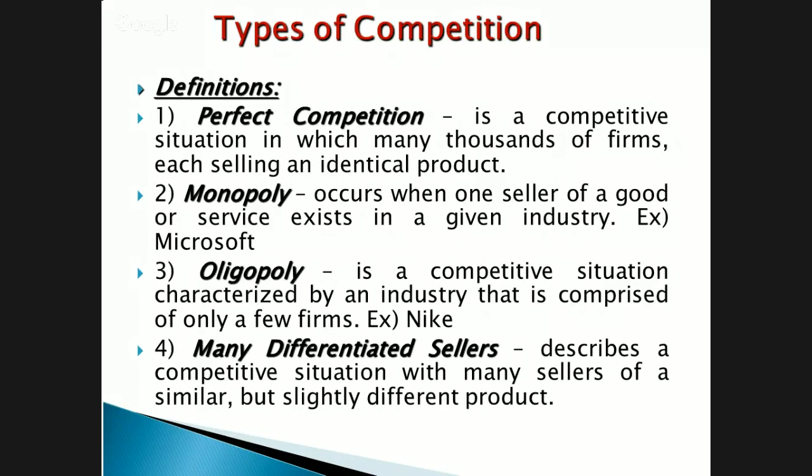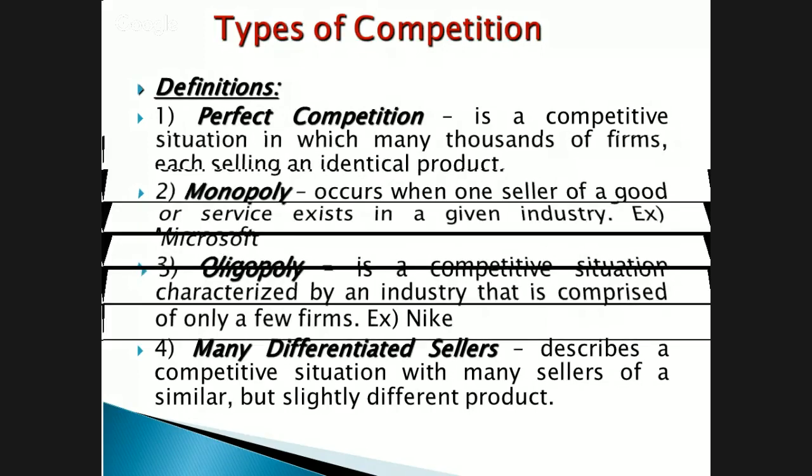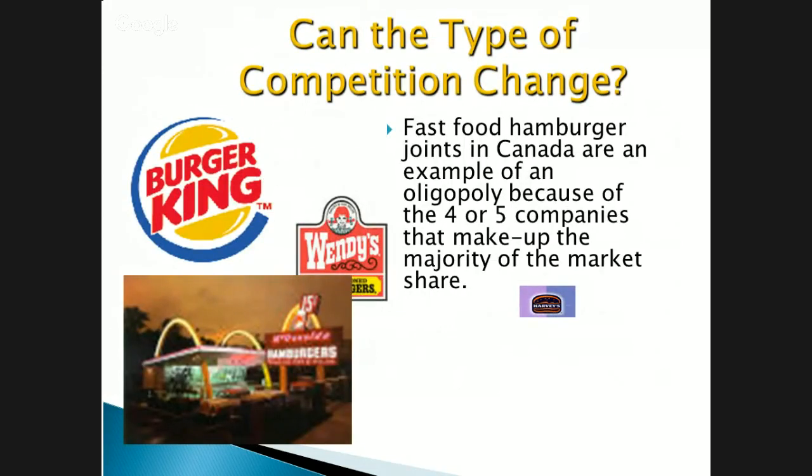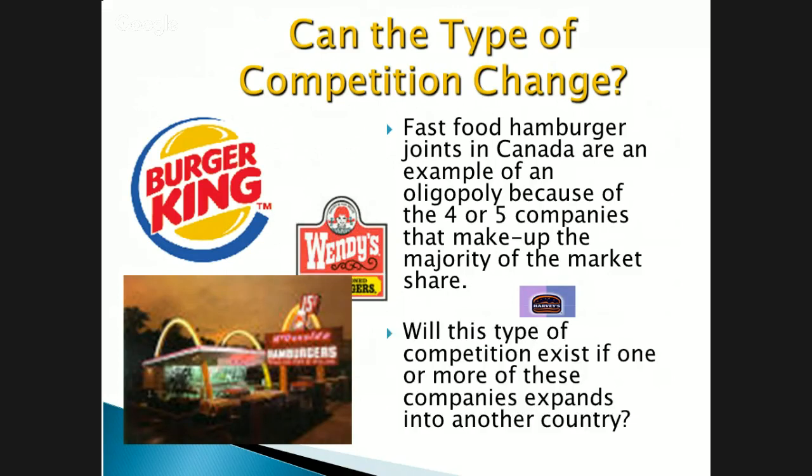It describes a competitive situation with many sellers of a similar but slightly different product, so maybe cell phones. So we talk about fast food hamburger joints in Canada. That's an example of an oligopoly because there's only four or five companies that make up the majority of the market share. And then a question for you guys: will this type of competition exist if one or more of these companies expands into another country?